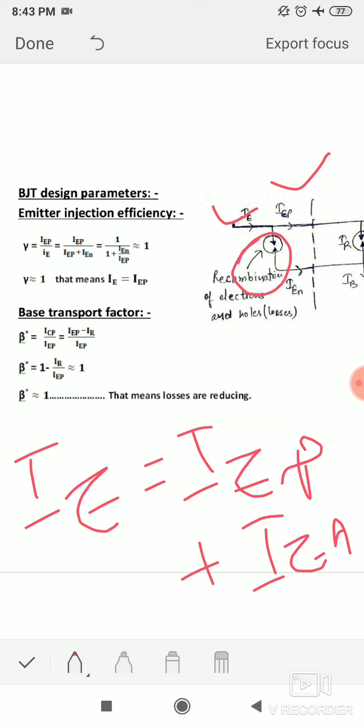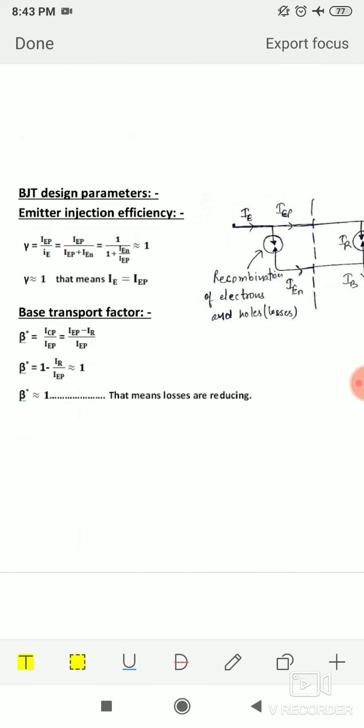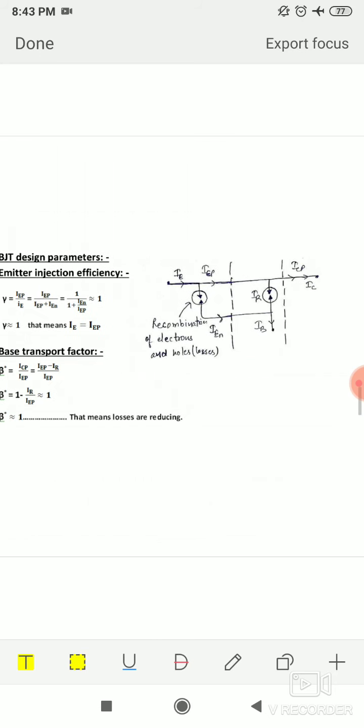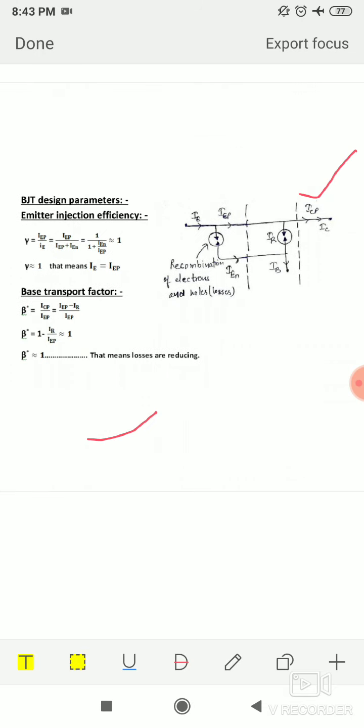Then the base transport factor is your output ICP over input IEP. So ICP equals IEP minus IR, divided by IEP.